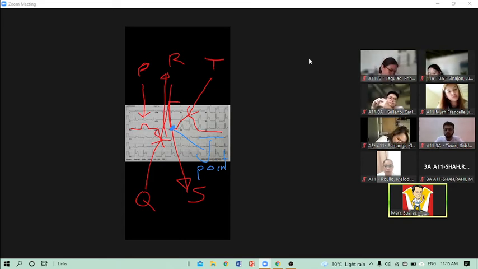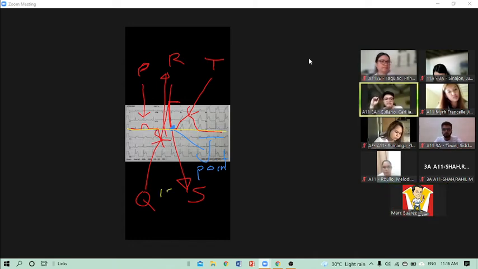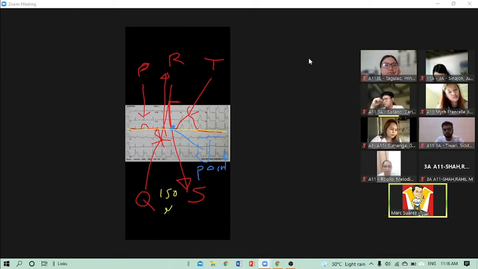Okay? The one marked with yellow is the isoelectric line. Very good.